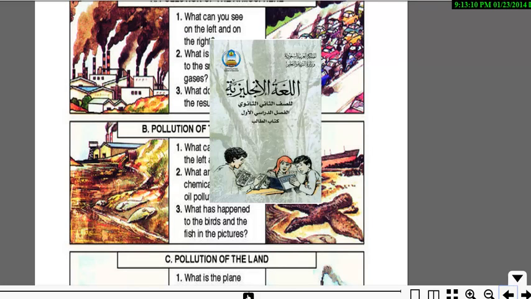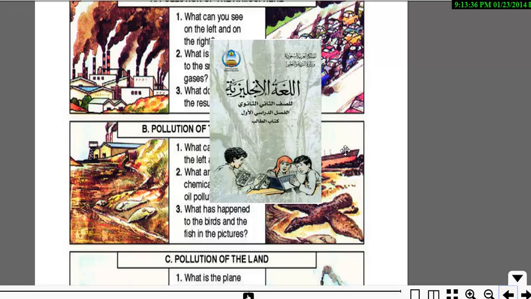Pollution of the rivers and seas. What can you see on the left and the right? Some organisms here, and there's a dry river here on the left side, a sunken ship. It just looks like it's sunk into the sand because the level of the water of the sea is way below that.